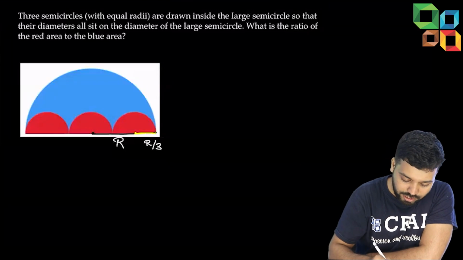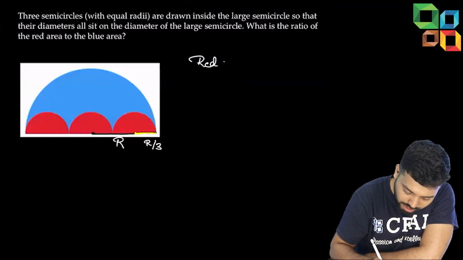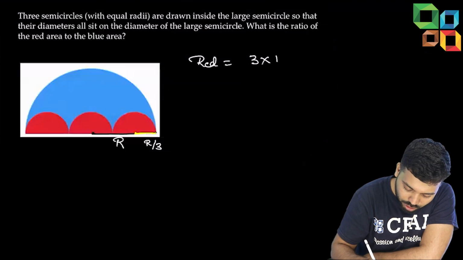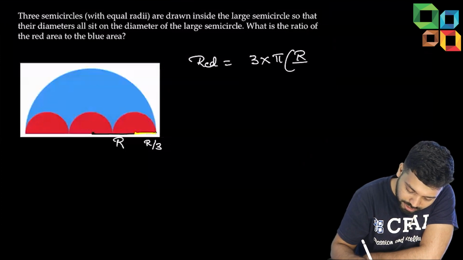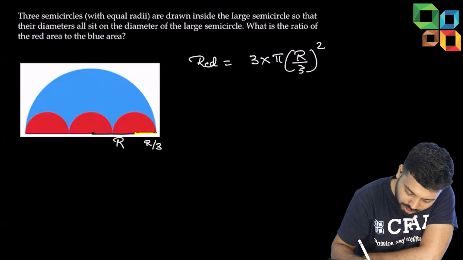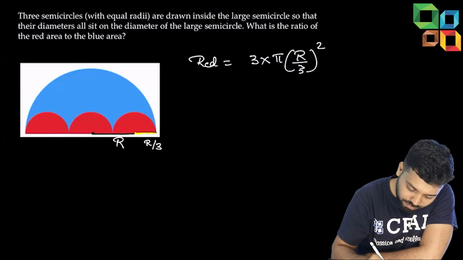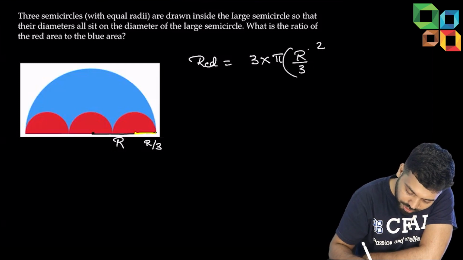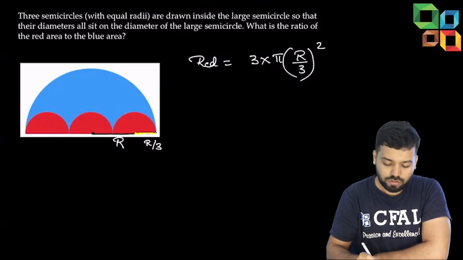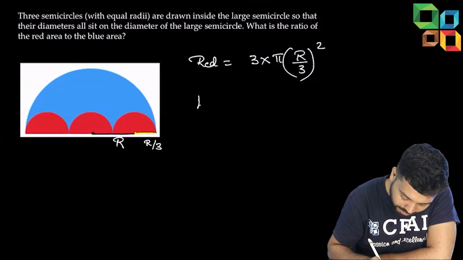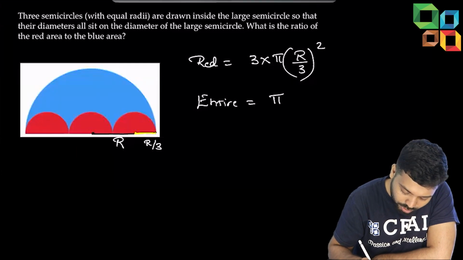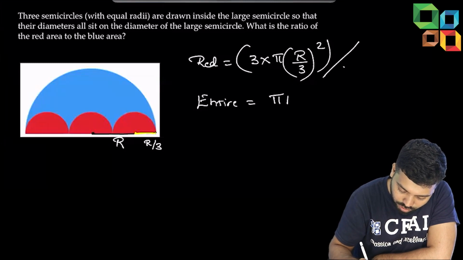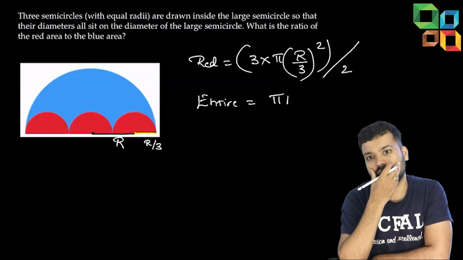So what is the red area? Red area is nothing but 3 times pi times (r by 3) whole square, correct? And what is the entire area? I have to divide by 2, because all of them are semicircles, correct?